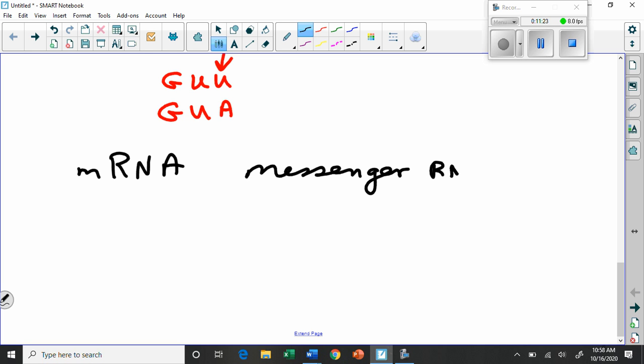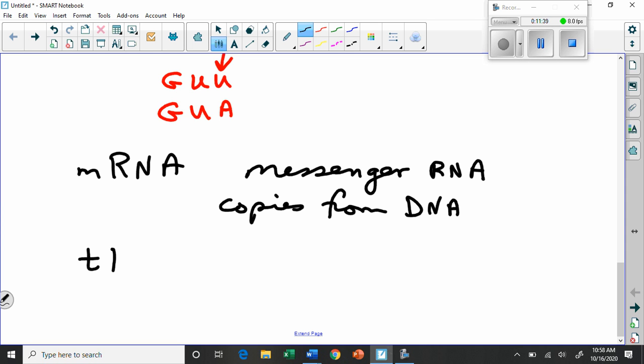Messenger RNA is the molecule that copies the information from DNA. So maybe you could write that, okay, copies from the DNA. Then there's something called transfer RNA, or little t RNA. And we use a small letter and then 3 capital letters.